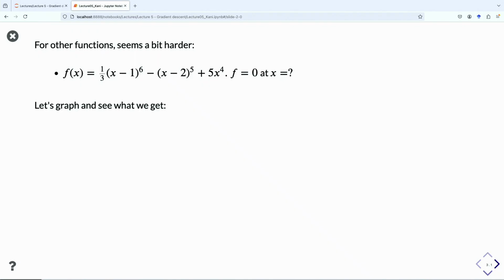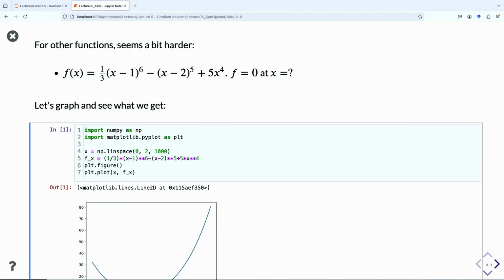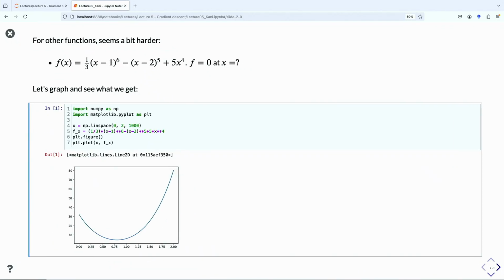If we graph this, we see it's a basic parabola, and the minima is not at 0. It's not even at 1. It's somewhere around here, 0.75, 0.8, something like that. But we need a more exact solution.